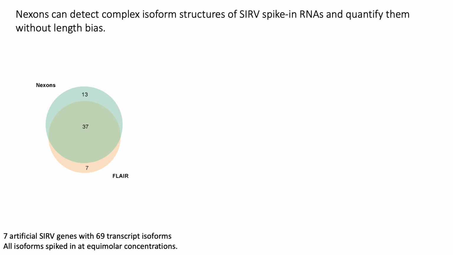They are encoded by 7 artificial SIRV genes, and they mimic the human transcriptome with complex isoform structures, which makes them a really good tool for benchmarking isoform detection tools. With that, we were able to detect 50 out of 69 SIRV isoforms using Nexons and 44 out of 69 total SIRV isoforms using FLAIR.